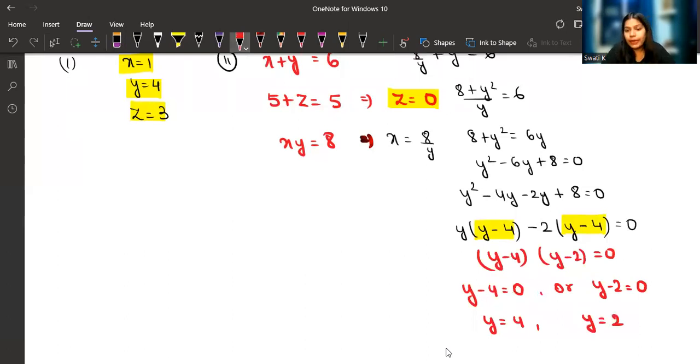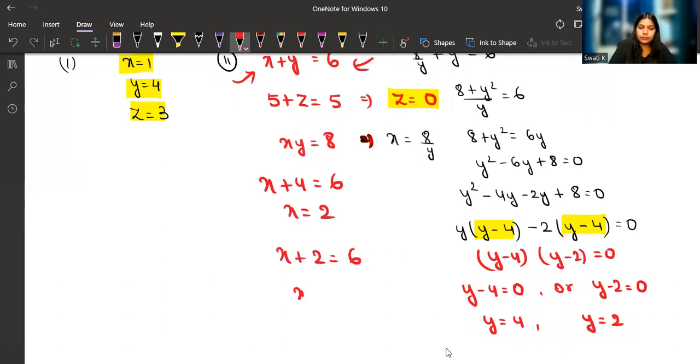For y equals 4, if you just put it here, x plus 4 equals 6, that means the value of x is 6 minus 4, that is 2. For y equals 2 in this one, you are getting x plus 2 equals 6, that means x is 4. So basically we are getting two values of x. X will be either 2 or 4.